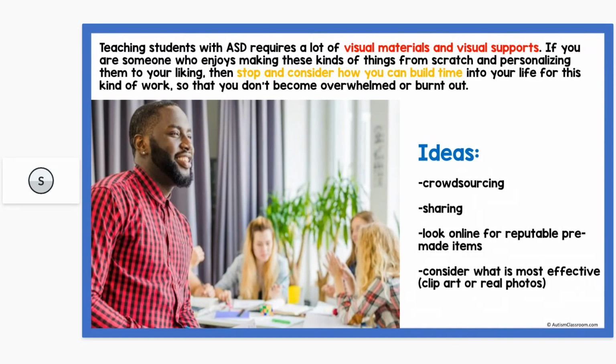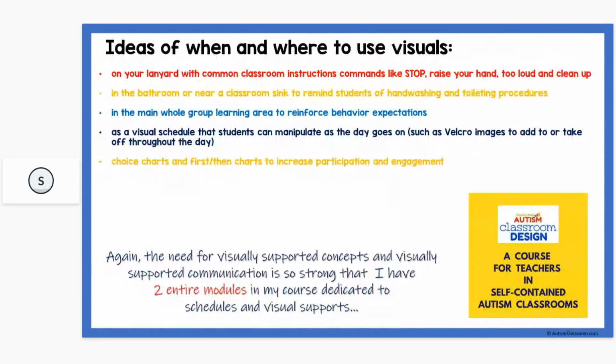You could share things, or ask people if you can swap materials or lessons. You can look online for pre-made items as long as it's reputable, because that can get a little bit tricky. And then you can consider using your own clip art or real photos to create stuff.